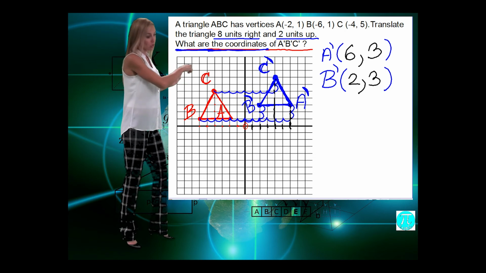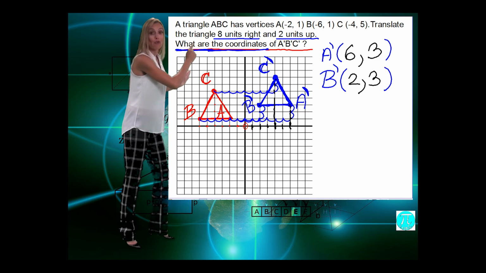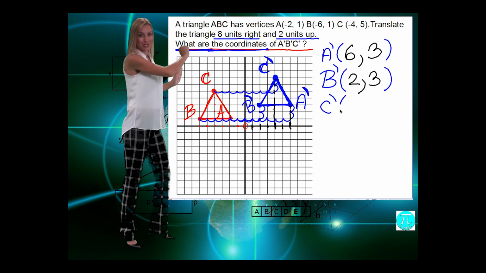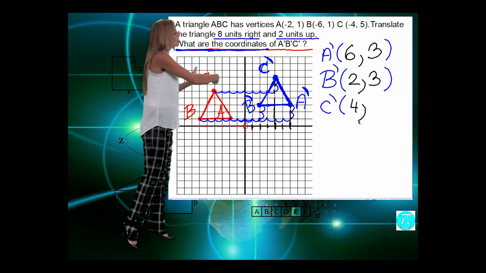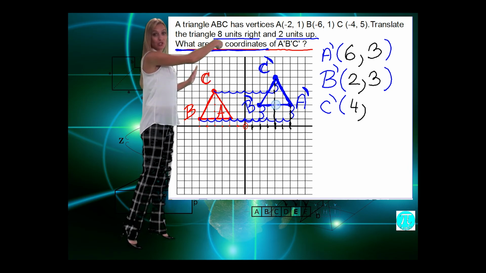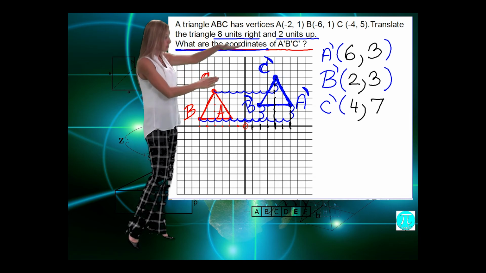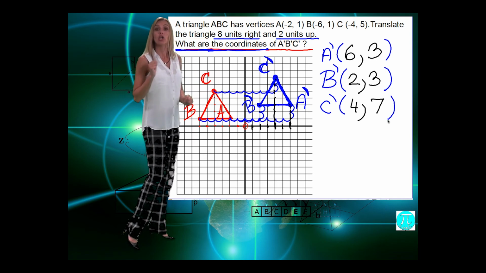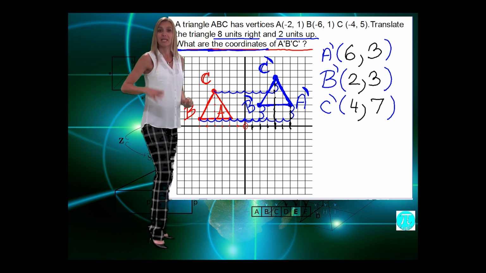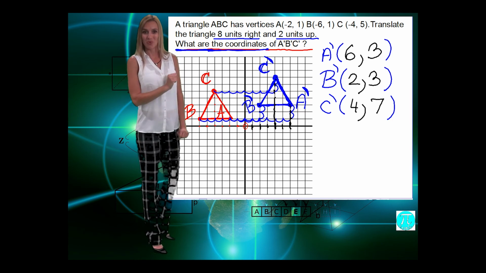Start from the origin and let's keep counting, 1, 2, 3, 4 units to the right. And then we have to count how many units did we actually go up, and it was 7. So that corresponds to number 7 on the y and number 4 on the x, and that is our point C prime. And those are the coordinates of A prime, B prime, and C prime.